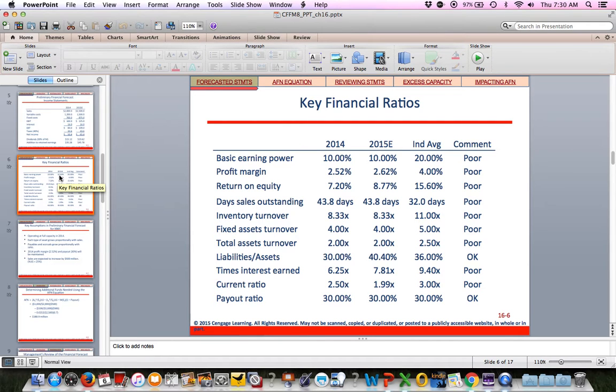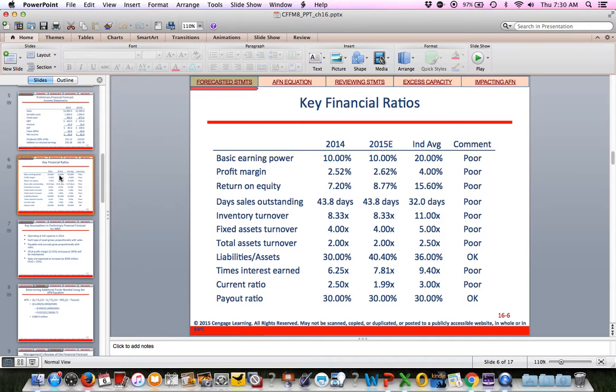Some ratios for our company. As they usually do, they give us ratios that aren't so good. So we've got 14, 15, and the industry average, and just a whole array of ratios here. Remember that we talked about ratios, I believe it was way back in like chapter 3. And you can see that for most of these we're underperforming compared to the industry average.